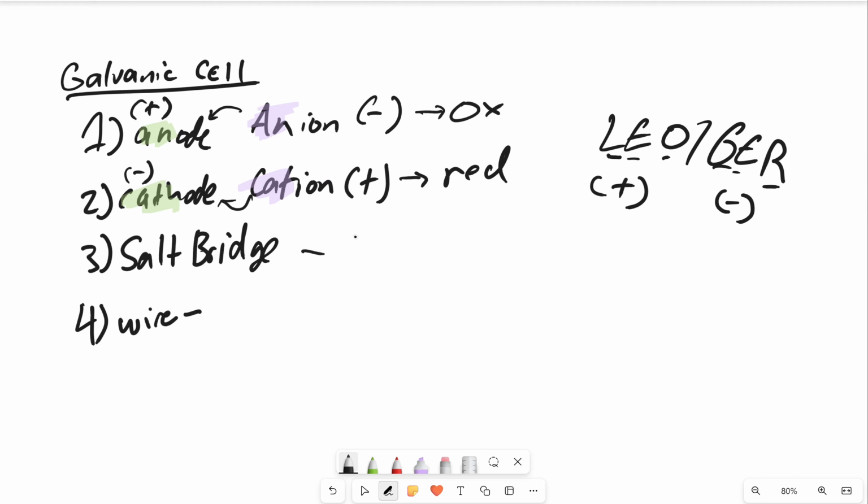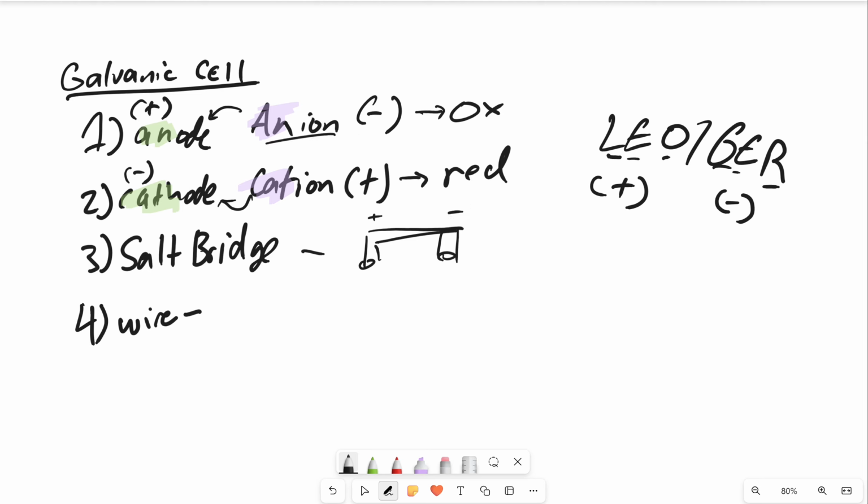So next we have a salt bridge. What that is, literally, is a bridge between our two cells, just full of a salt. It often doesn't react, and all it does is neutralize, because our anode and cathode both become so ionized, both become very positive and negative.